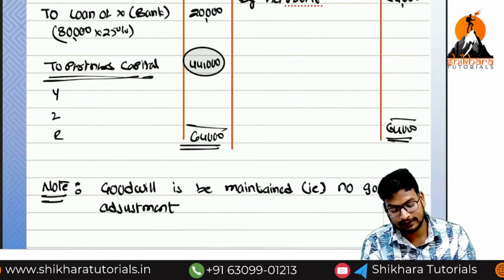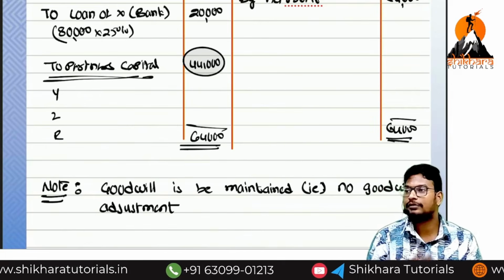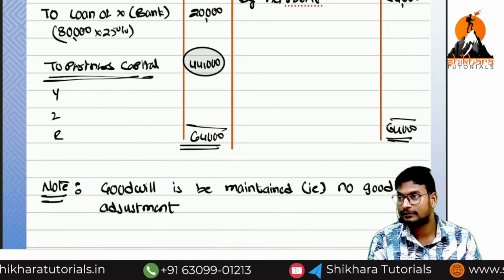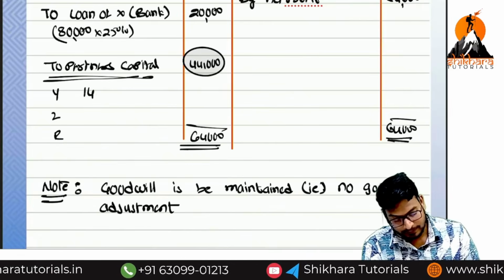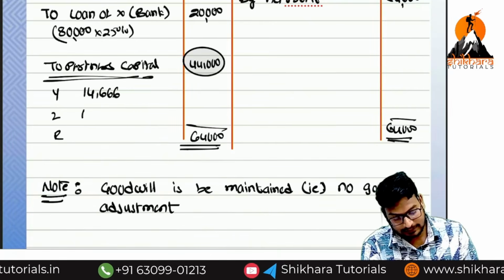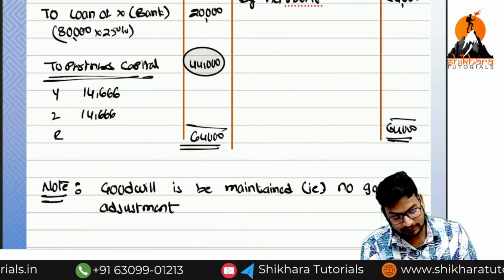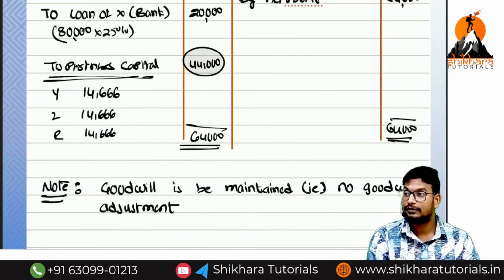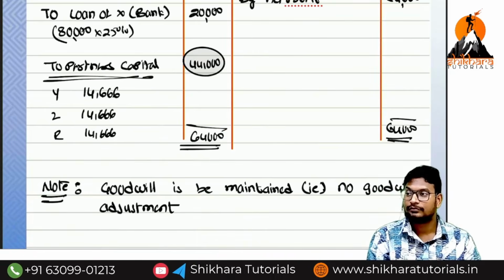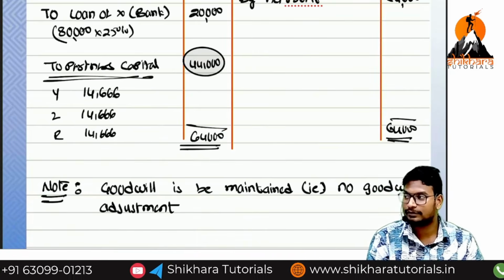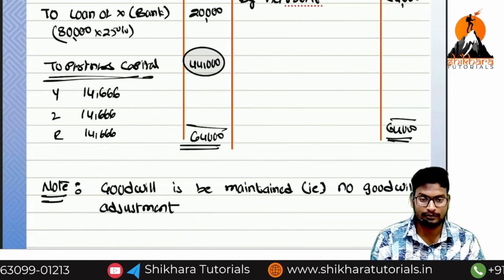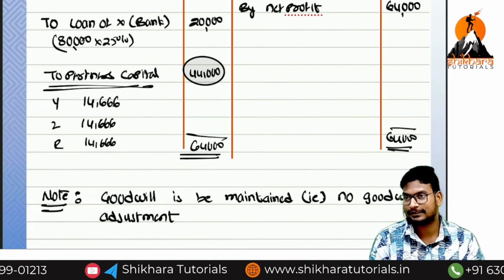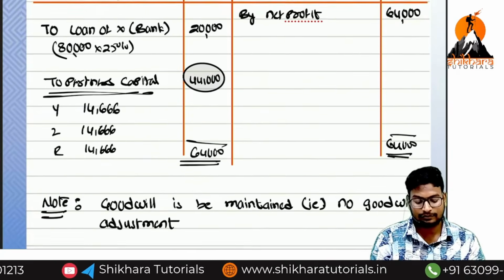Please give me the calculator. 44,000 divided by 3, how much? 14,666. Why are you saying 16,000? Okay, 14,666. Again, where do we need to record these values?